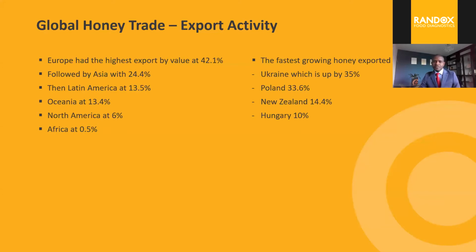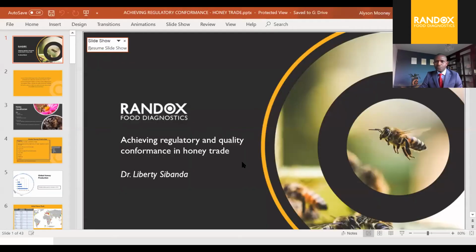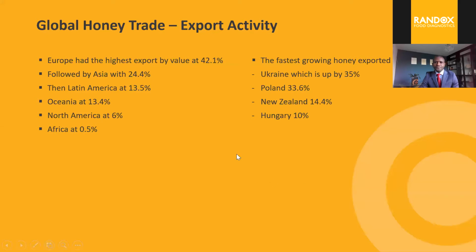So these are up and coming honey producers and exporting areas, and they will be very, very important in the near future. So I'm not quite sure what has happened to my, okay, there we go.